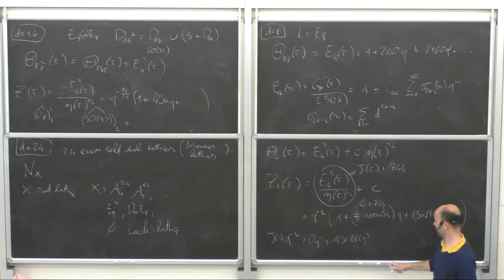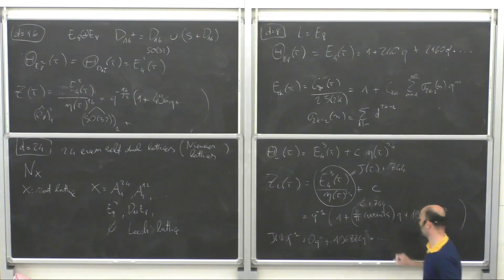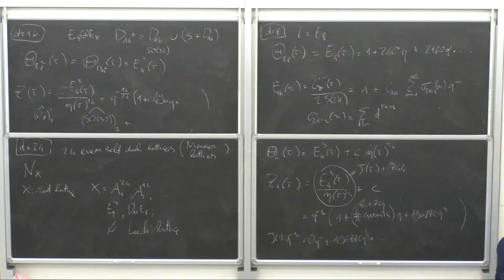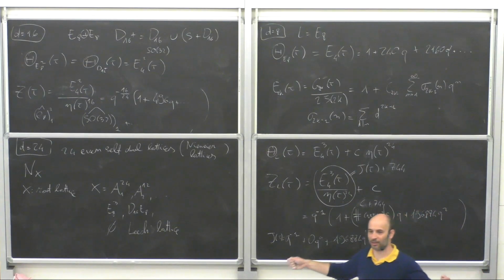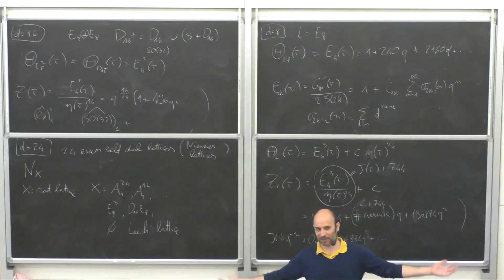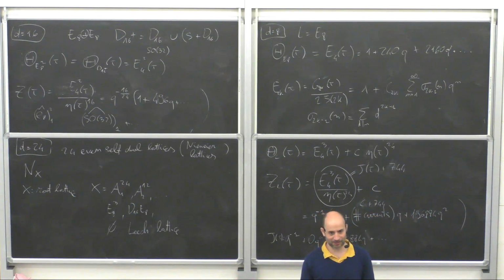Okay, this is a q because there's a q minus 1. Okay. And here we have a problem. By the way I constructed things, we always have at least 24 currents because I started with 24 U1 currents. And if the lattice has some additional roots, then it can get bigger, but I cannot get rid of these 24 currents.